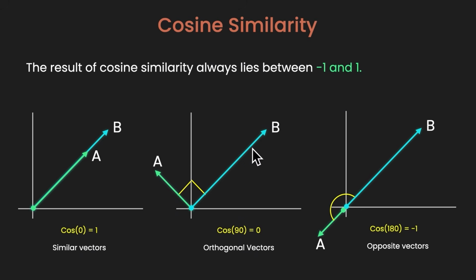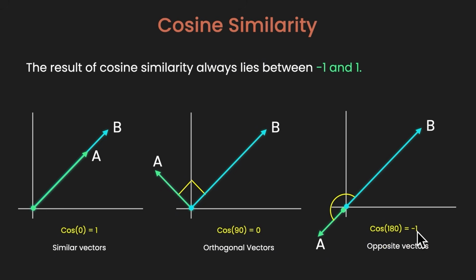They don't have any direct relationship between A and B. So whenever you get a cosine similarity of 0, it means that those are orthogonal vectors. Then when the cosine similarity value is -1, and we get -1 when the angle is 180 degrees, what it means is that whenever the cosine similarity is -1, two vectors A and B are in opposite directions.